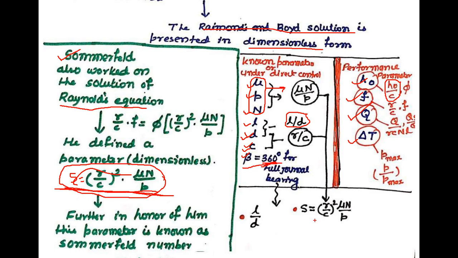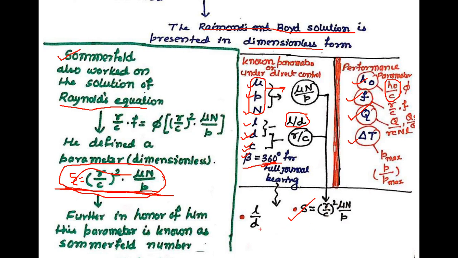So to show the solution, also remember that the Sommerfeld number is also used, this S. Now this mu n upon p, R upon C is combined in the form of Sommerfeld number, S equal to R by C square into mu n upon p.